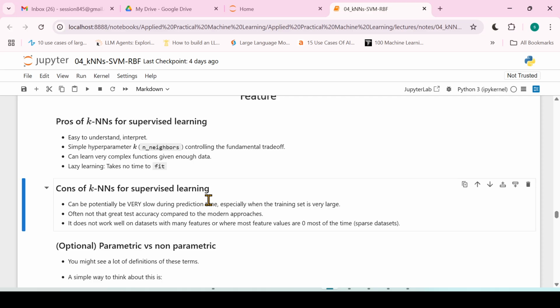What are the cons of KNN? It is very slow during the prediction time, because during the training time it does not learn anything. It does all the calculation during the prediction time.